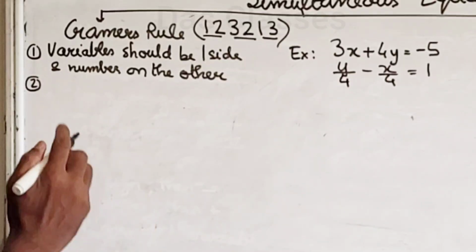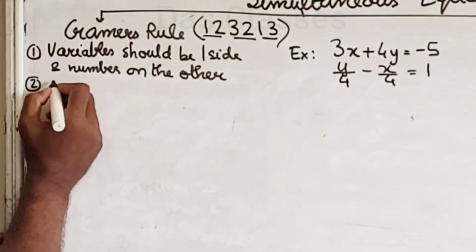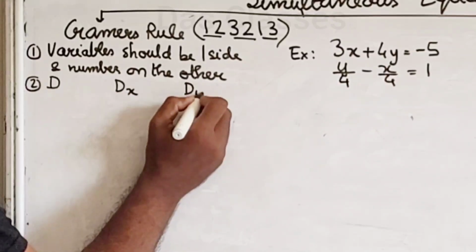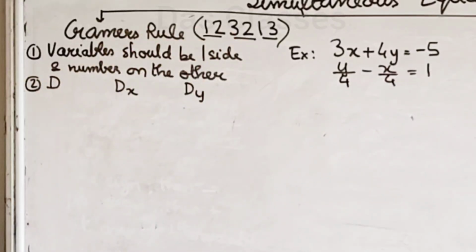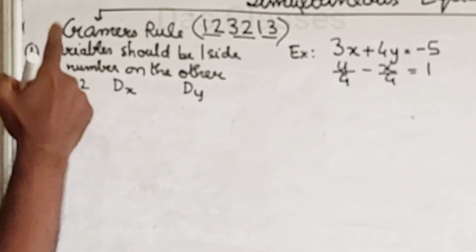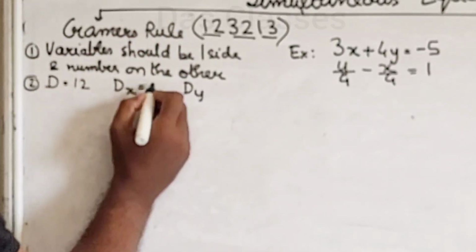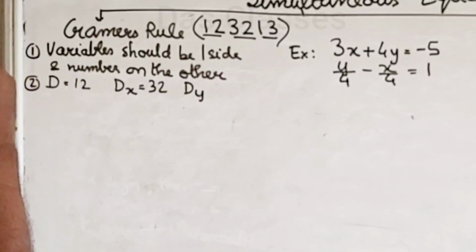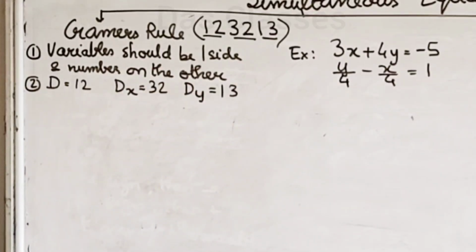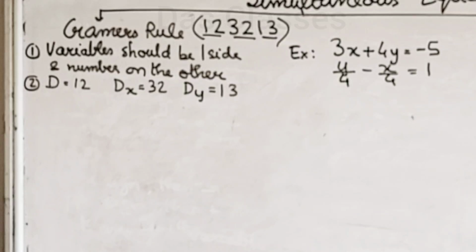Now, there are three determinants we have to find: D, Dx and Dy. From the code, as you see, D is 12, that is, you take the first row and second row. Dx is 32, that is the third row and second row, and Dy is 13, first row and third row. I'll explain how we use this. So that is the thing.